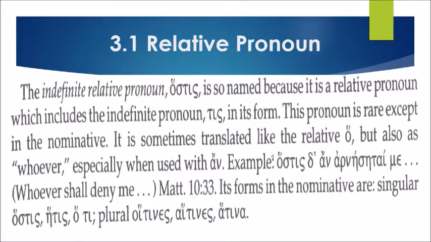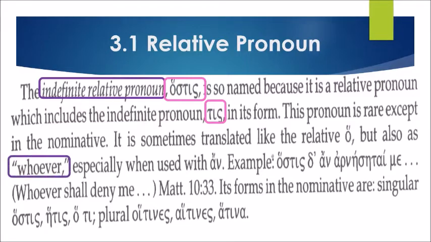Let's proceed to also the indefinite relative pronoun. Hostis is so named because it is a relative pronoun which includes the indefinite pronoun tis in its form. This pronoun is rare except in the nominative. It is sometimes translated like the relative ho, but also as whoever, especially as used with an.